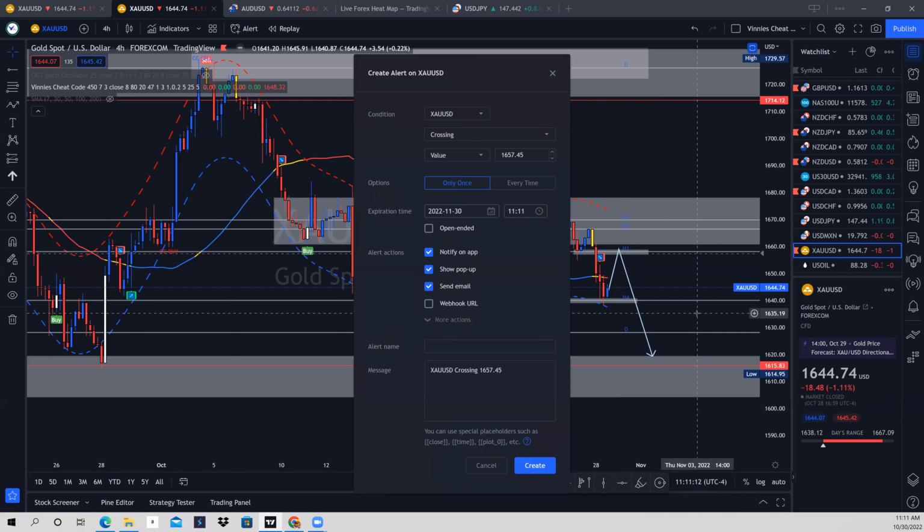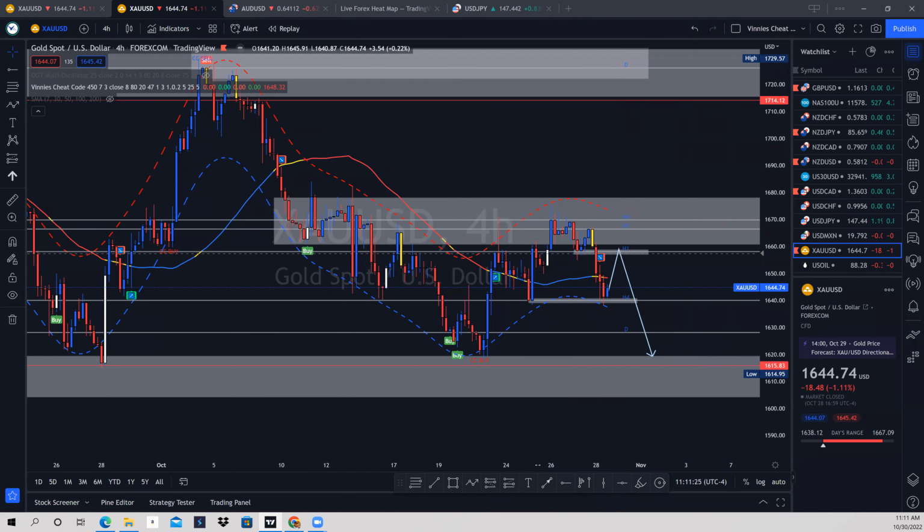Add an alert. All right, so once price gets to this resistance area, then I'll scroll down to the 15-minute time frame and look for an opportunity to sell gold.